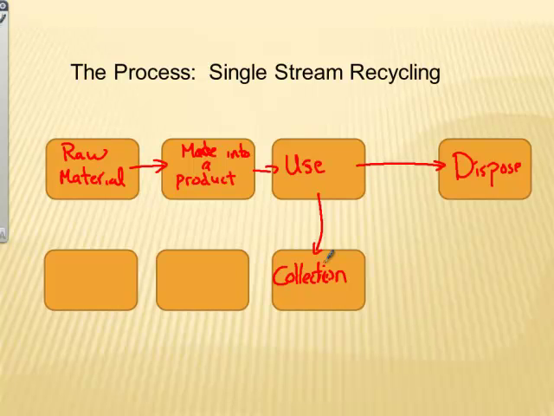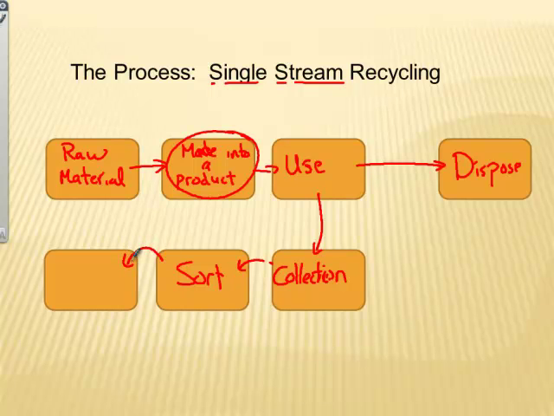Then, once you collect it, because it's single stream, all the materials are mixed together, so this particular product is mixed in with many other types of recycled materials, like plastics and glass and paper. You then have to sort it, which is a special step in the process.